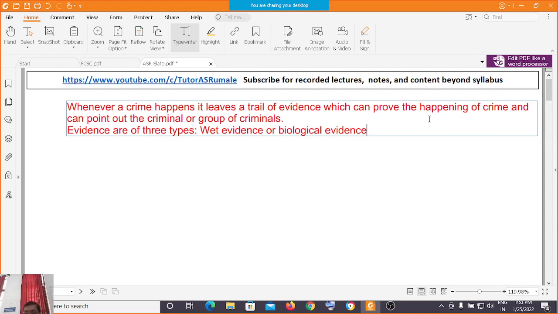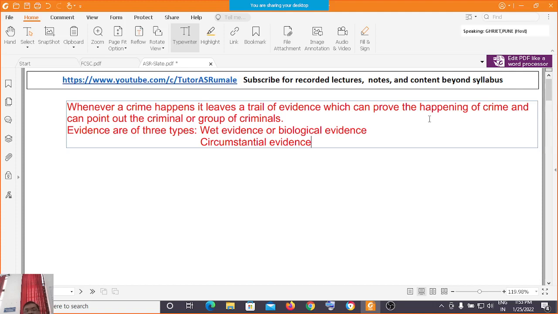Examples of this are blood, hair, and body fluids. These are the biological evidences.